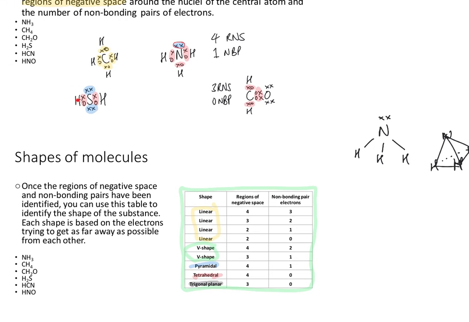Let's have a look at this one here, the H2S. For H2S, how many regions of negative space did we say it had? It has 4 regions of negative space, remember? The non-bonding pairs also count as regions of negative space, with 2 non-bonding pairs. What shape is that? 4 regions of negative space with 2 non-bonding pairs, that's V-shaped.